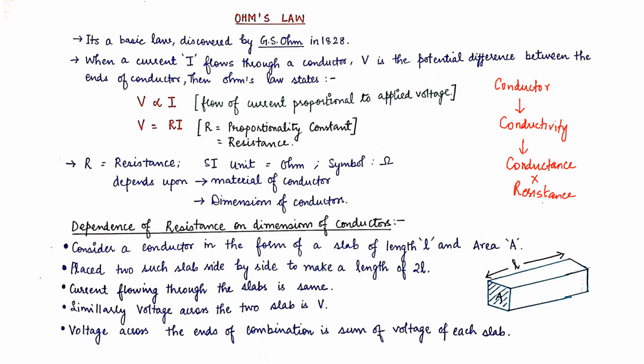Resistance is provided by the objects or equipment known as a resistor. And opposite of conductivity is resistivity. So these are the few terms you are going to get familiarized with in today's topic of Ohm's law.